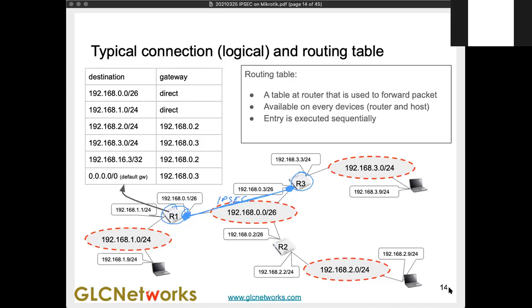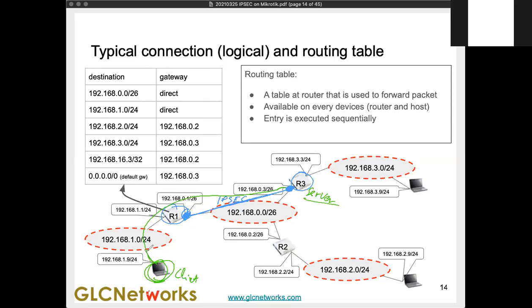The second implementation can be from an end device to the IPsec or the VPN server. So this is the end device, the client, and then this is the server.